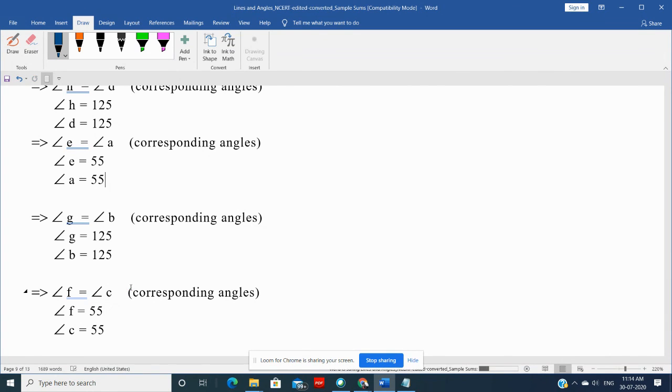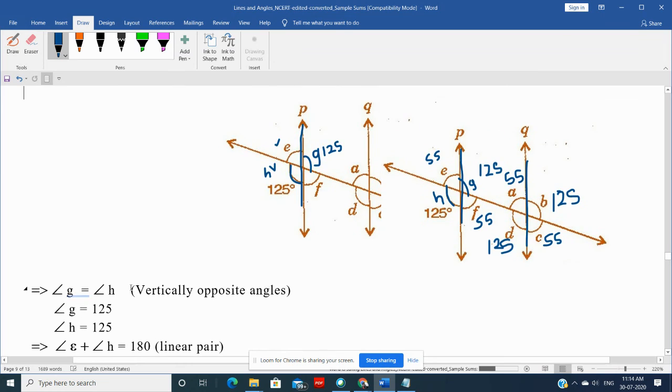Right? Now, you can check this. Let me just highlight it for you so that you understand. See, can you see this 55 and 125? They are making a linear pair, right? So their sum is 180.